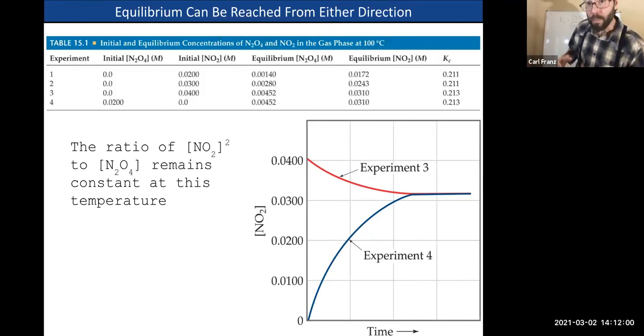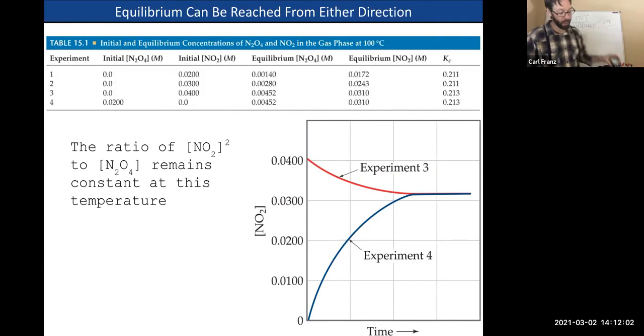So, equilibrium, again, is just the point at which the reactants are going to products and products are going to reactants at the same rate. So it can be achieved from either the product side or the reactant side. Let's say we have 4 different experiments here in this table above.